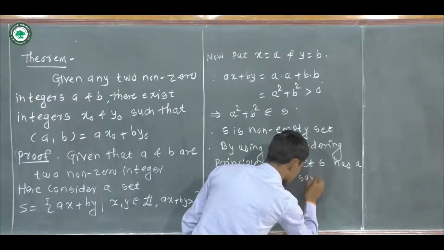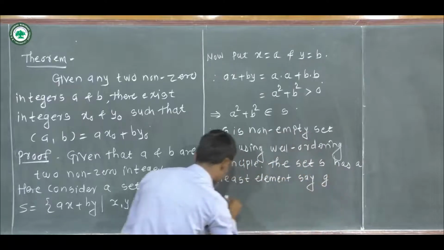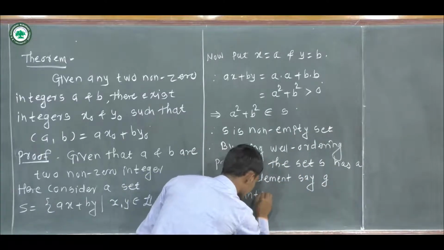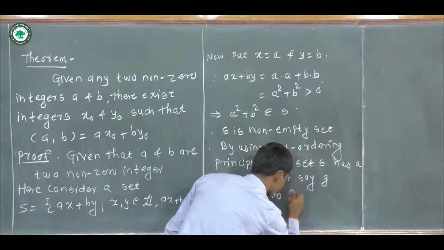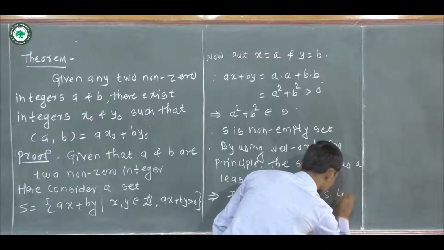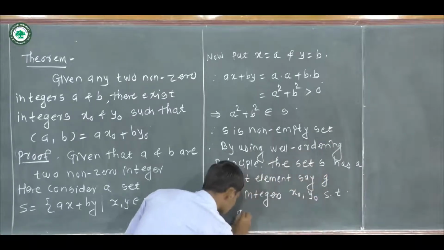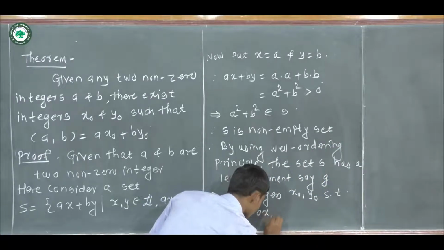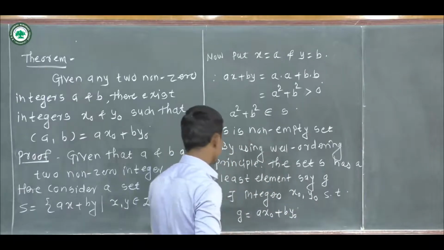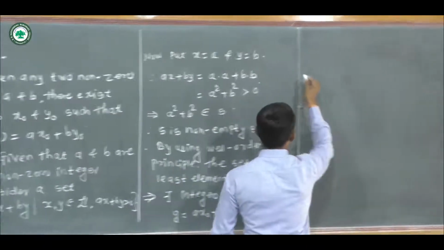Say small g. This implies there exist integers x0 and y0 such that g is equal to ax0 plus by0. Now prove that g is GCD of a and b.